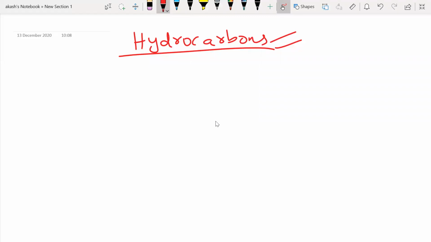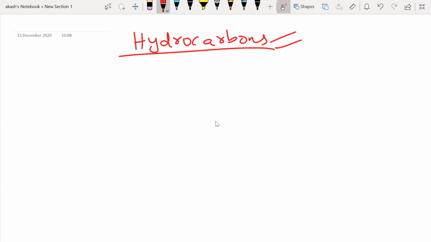All these things now have to be applied in your organic reactions. That's what we are moving on to. I will not call this chapter particularly hydrocarbons. I'll give you an overall idea about all types of reactions which can happen in organic chemistry, and then we'll go for specific reactions. Is that okay?